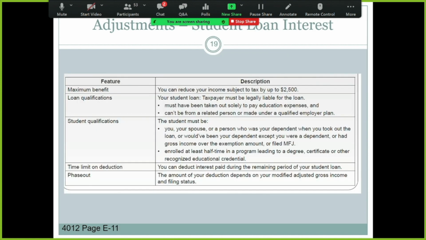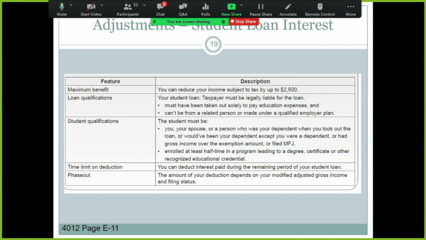The next deduction that we would like to discuss is the student loan interest. And this deduction is found on Schedule 1, Part 2, line 21. But there are some limitations.